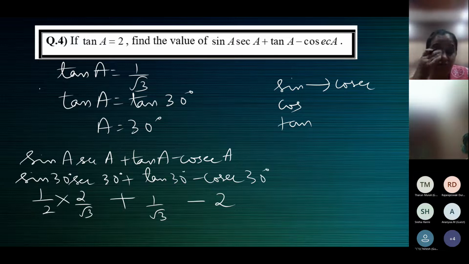Otherwise, if you want to think every time, you can just remember sine, cos, and tan. Reciprocals like this: if you want to find cot of an angle, recall what is tan of that angle. Whatever is tan of that angle, the reciprocal will be cot.